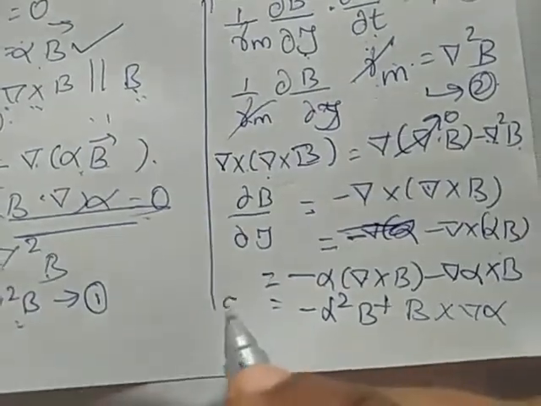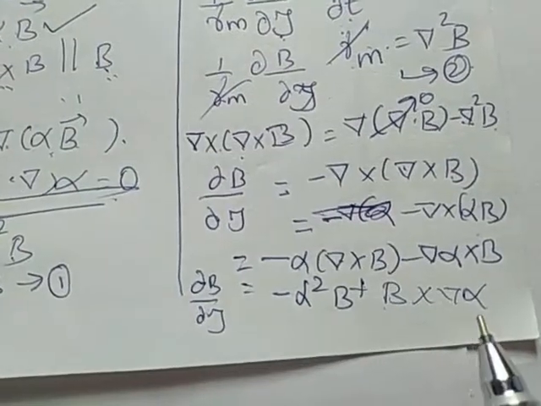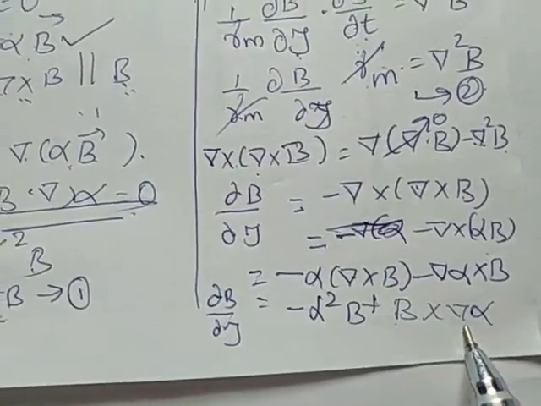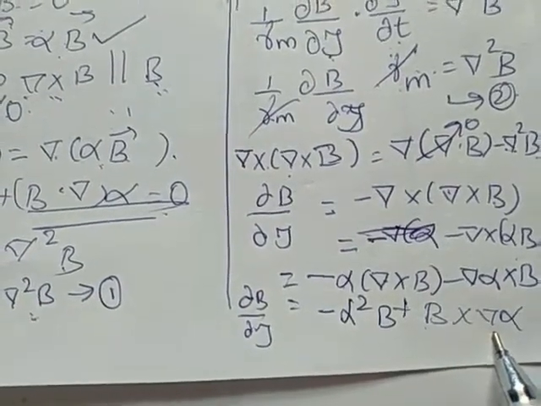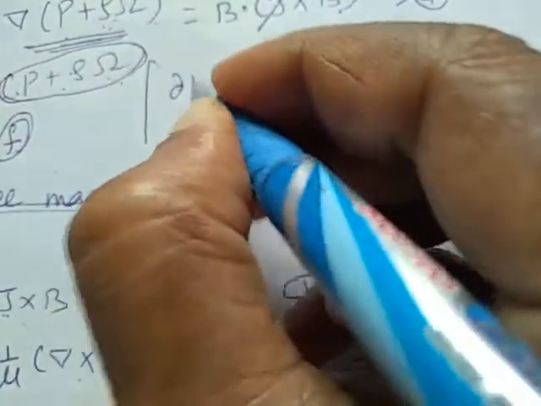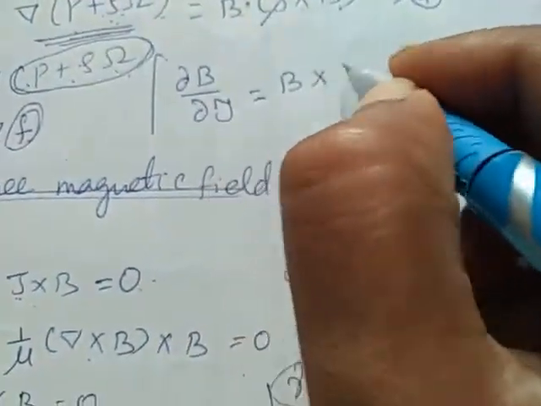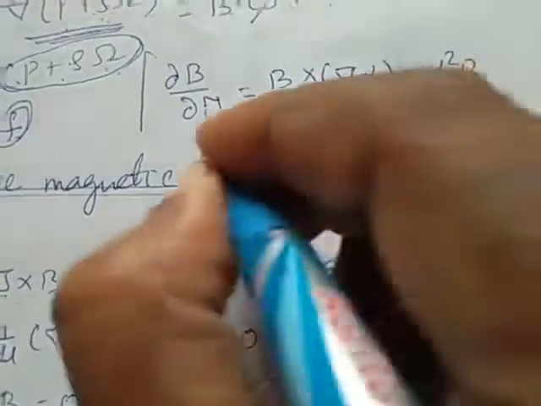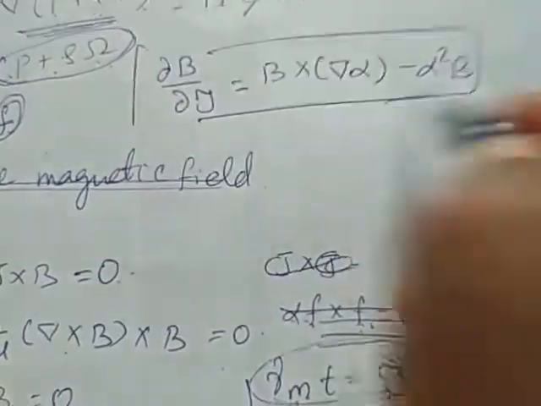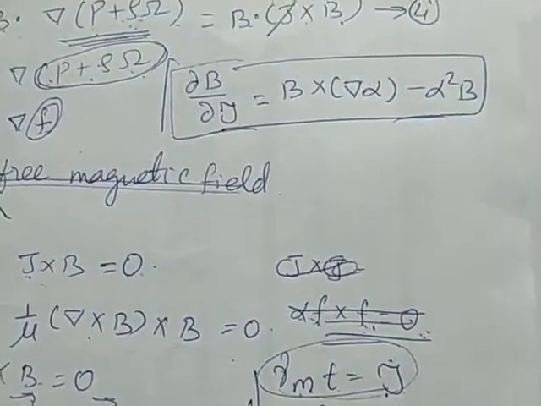Therefore, dou B by dou tau is equal to B cross del alpha minus alpha square B, which is the basic equation for force-free magnetic field. I'll write here neatly: dou B by dou tau is equal to B cross del alpha minus alpha square B. This equation is the basic equation for force-free magnetic field.